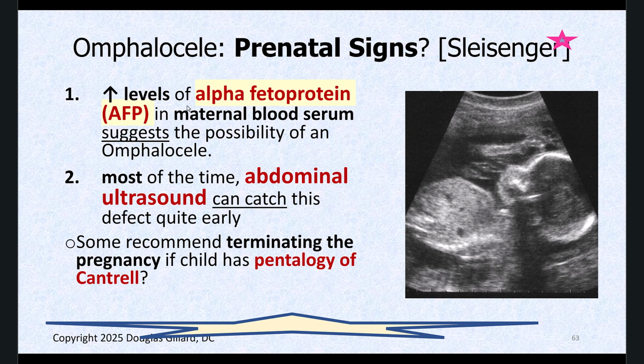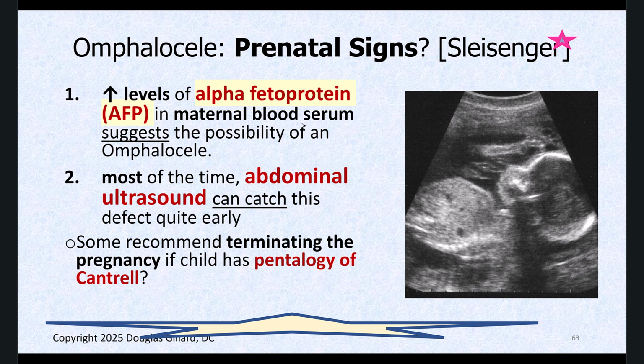And these levels depend on what trimester you're in, because sometimes they're up to a certain level, sometimes they can be down, but an abnormally high alpha-fetoprotein is suggestive of omphalocele. So at the very least, you better get an ultrasound to take a look. Yeah, most of the time, abdominal ultrasound can catch that.